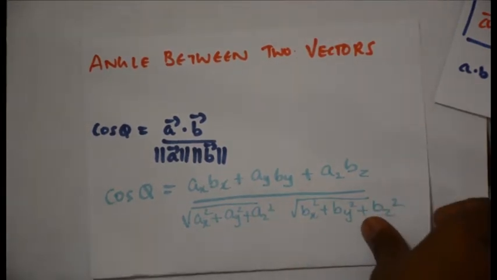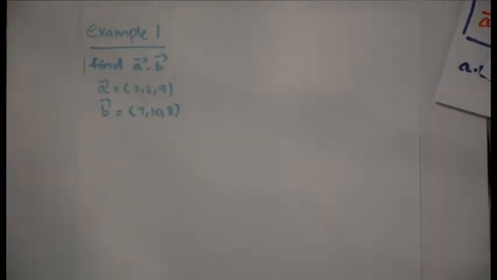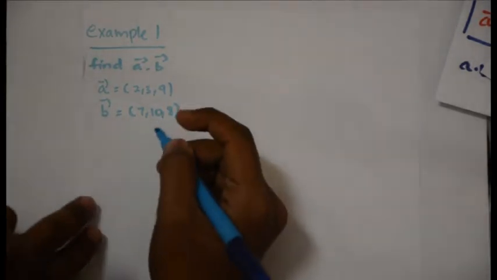Now let's try some examples. Here we have two vectors a and b. Vector a is 2, 3, 9 and vector b is 7, 10, 8. We have to find the dot product between these two vectors.